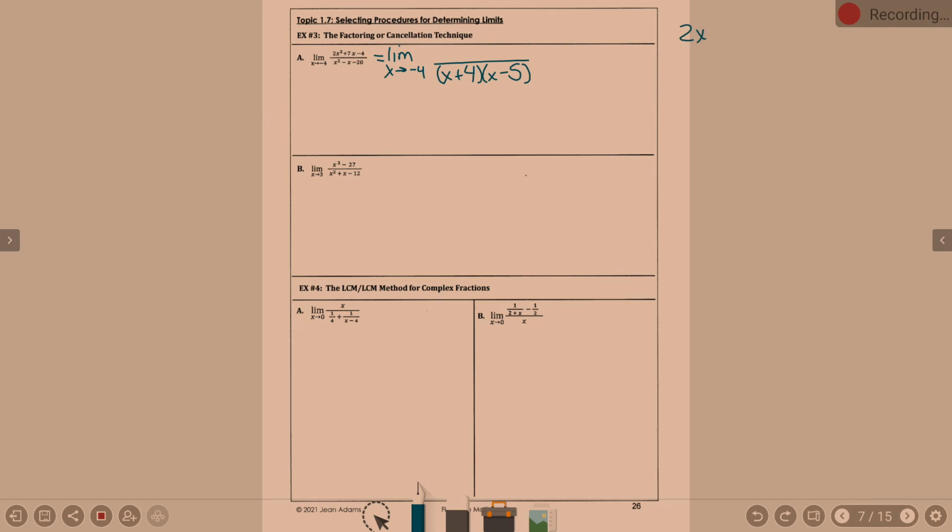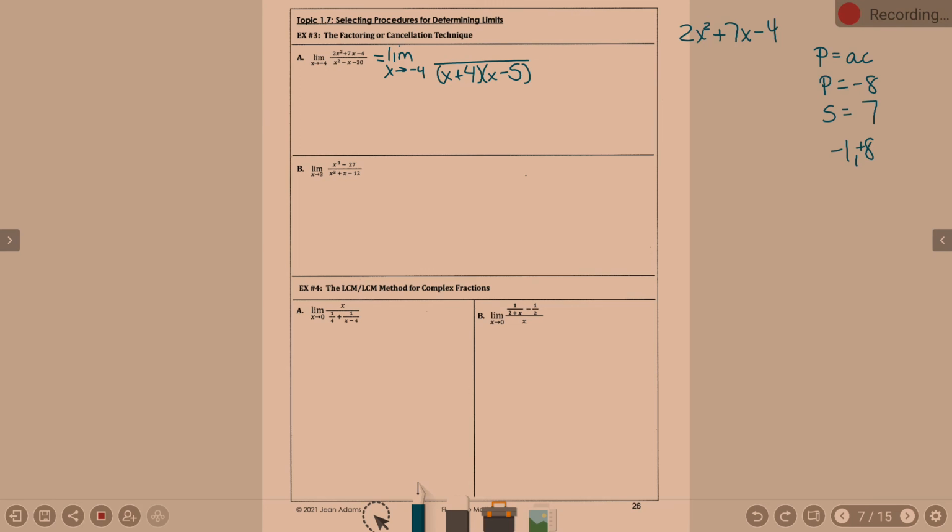That means I'm going to need a product of 2 and negative 4, which is negative 8, and a sum of 7. So product of negative 8, sum of 7 is going to be negative 1 and 8.